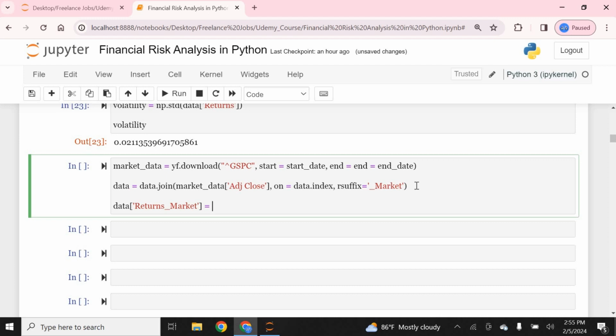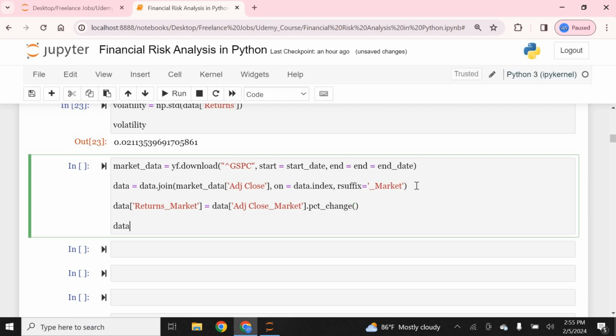This will be on the adjusted close market column. Like I said earlier, we calculate returns by using the pct_change function from Pyfolio.